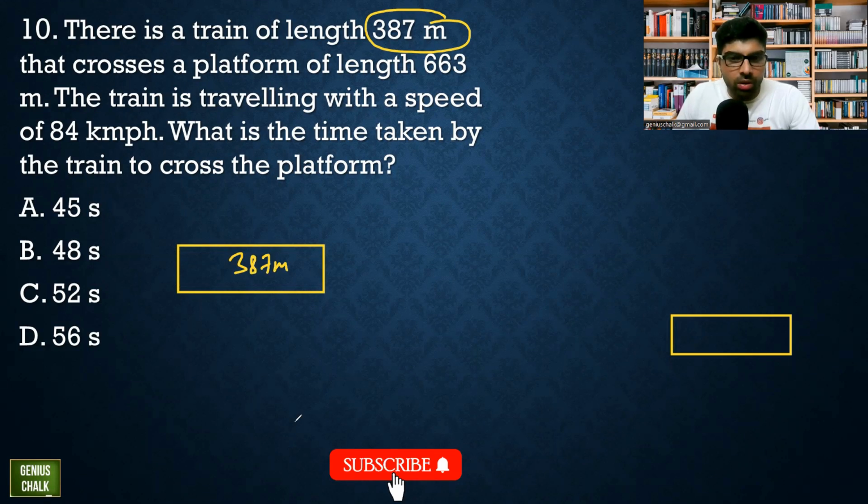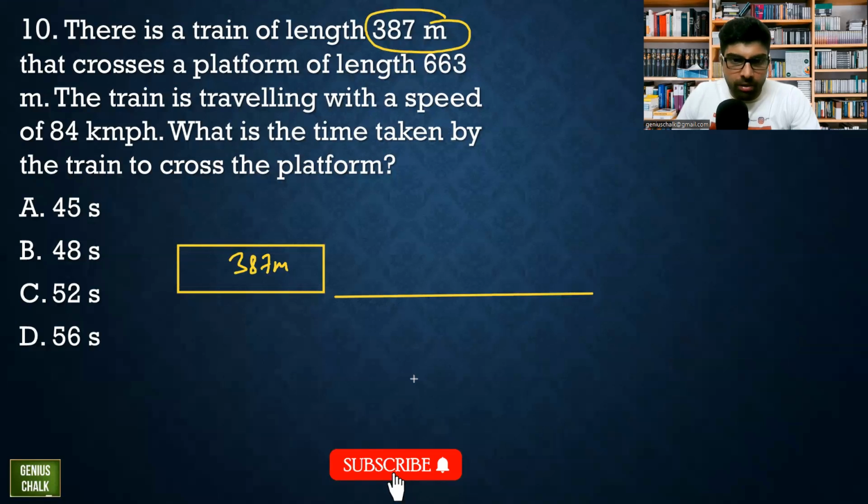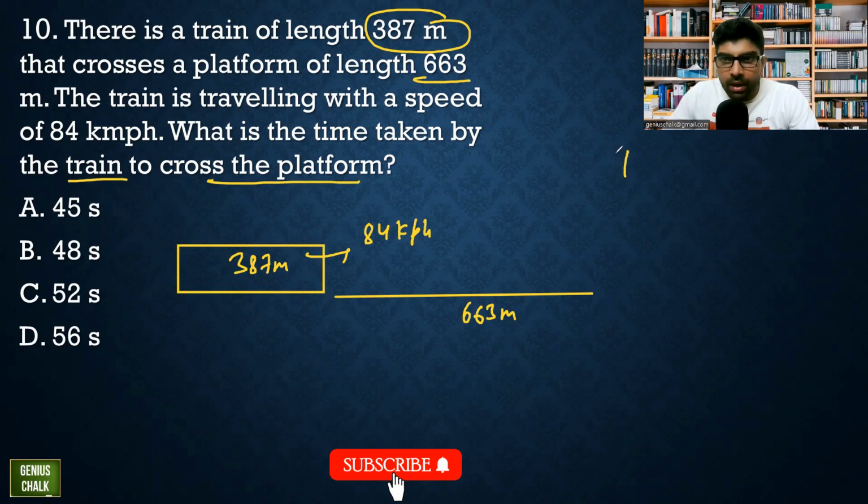Okay, this has to cross a platform. So the platform is like this. How much length? 663 meters. The train is traveling at a speed of 84 kph. Time taken by the train to cross the platform. You know that time is equal to distance by speed.